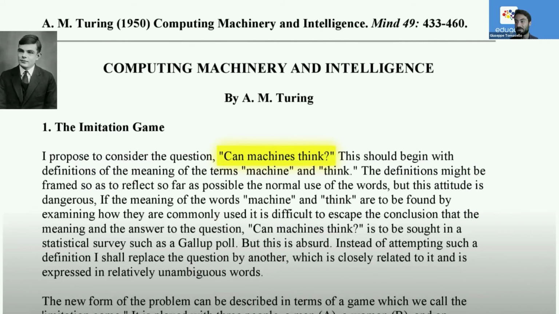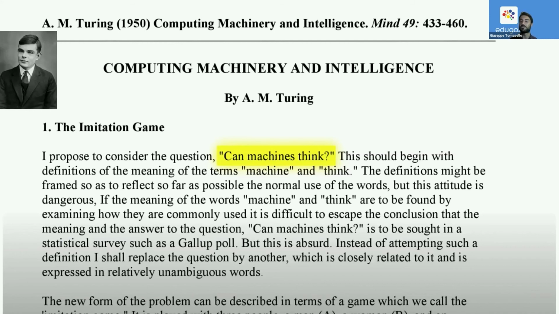And there is this really interesting paper where he talks about the imitation game. The imitation game was trying to figure out if machines can think. He created an experiment to prove whether a machine can really think like a human: a human talking to a machine is not able to recognize whether they are talking to a machine or a human. So this imitation game is based on language.